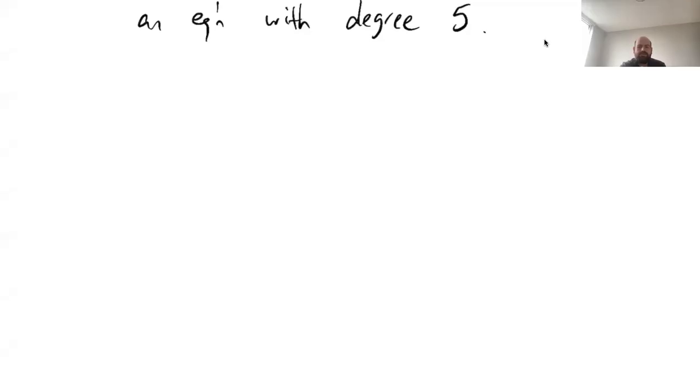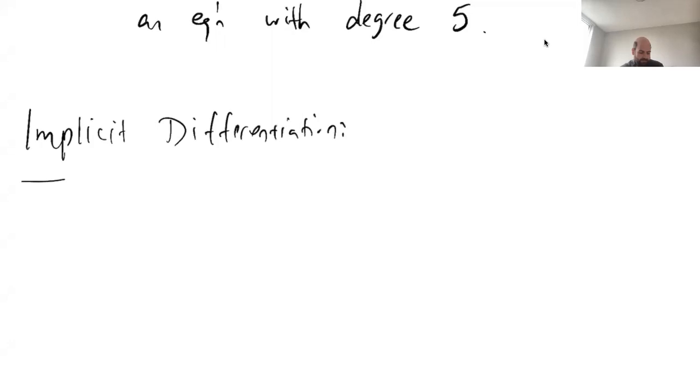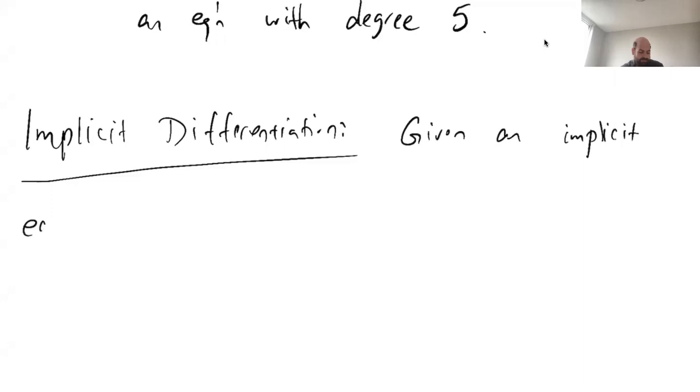Okay, now that we learned about the concept of implicit equation, we want to learn about implicit differentiation. Implicit differentiation is, given an implicit equation of the form f of x and y equals 0.